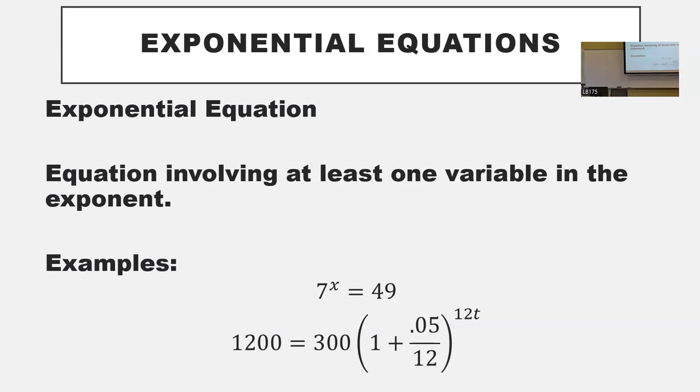Now we've seen exponential functions before. Just so that we're clear, an exponential equation is an equation involving at least one variable in the exponent. So you can imagine taking 7, raising it to the power x, and setting it equal to 49, and trying to solve that equation. That was pretty straightforward because we know that 7 squared is actually equal to 49, right?